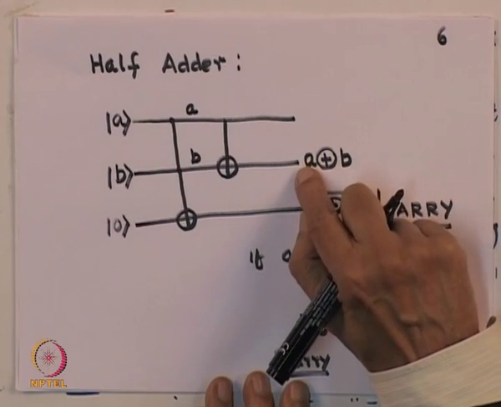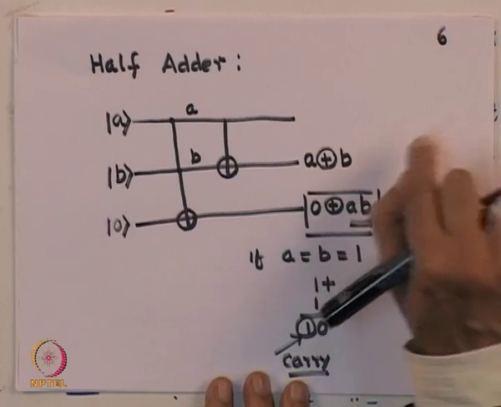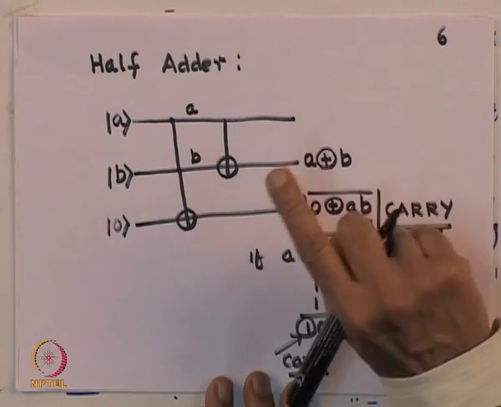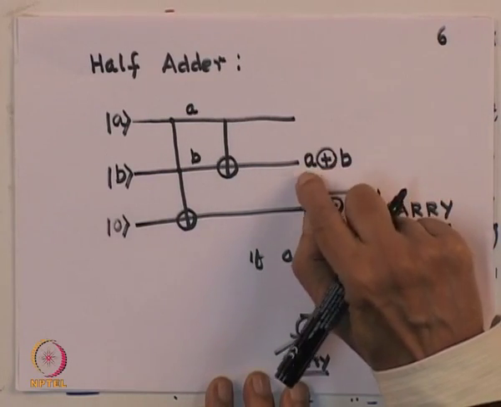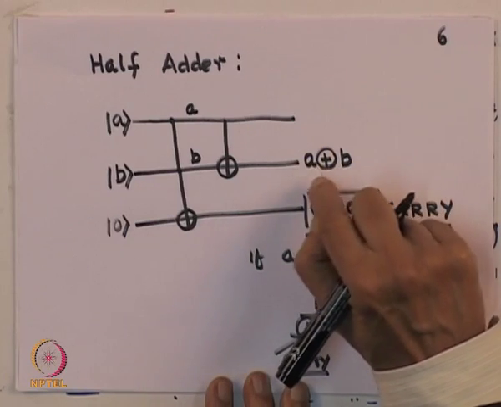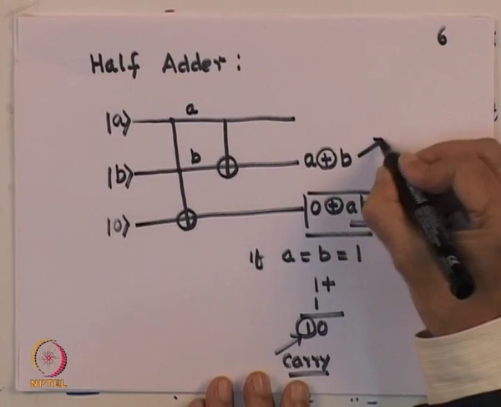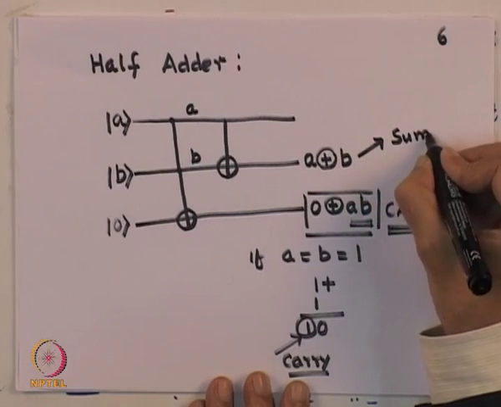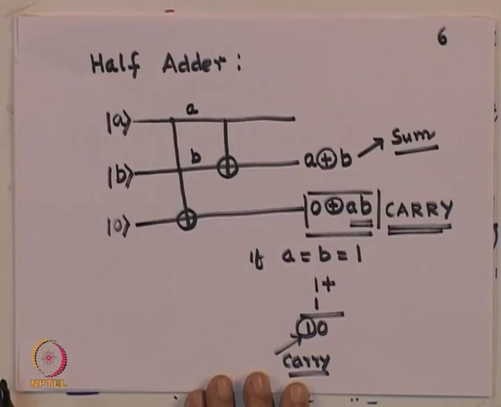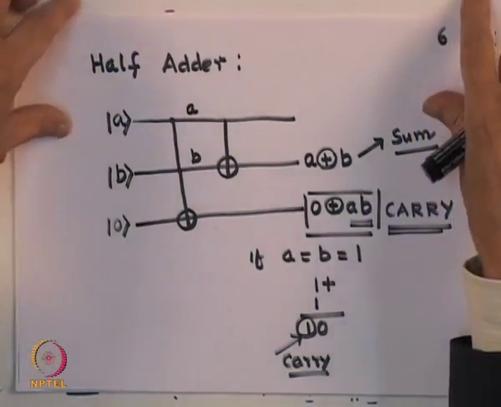A 0, B 1 or B 0, A 1, I get 1, which is what I expect from an addition. And if both A and B are equal to 1, then 1 XOR 1 is equal to 0. So this is my sum. So this is the way we implement a half adder. You can do some practice on this type of implementation of classical circuits. For example, try a full adder and things like that.